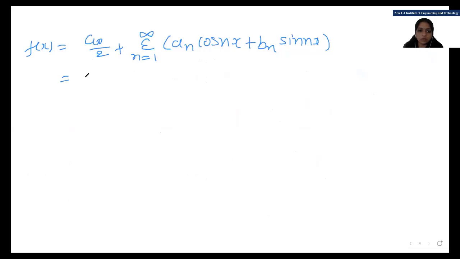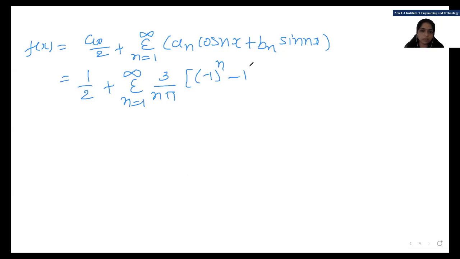Here the value of a0 is 1, so 1 by 2 summation n 1 to infinity. Here 0 into cos nx is 0, so no need to write this. Now the value of bn is 3 upon n pi, minus 1 raised to n minus 1, into sin nx.